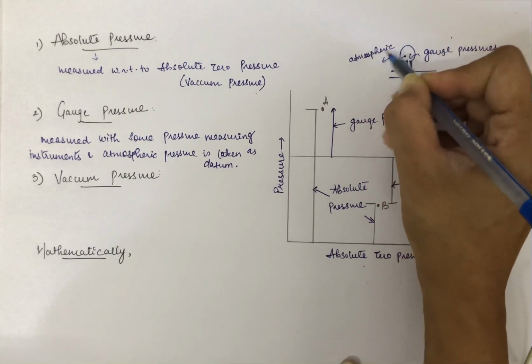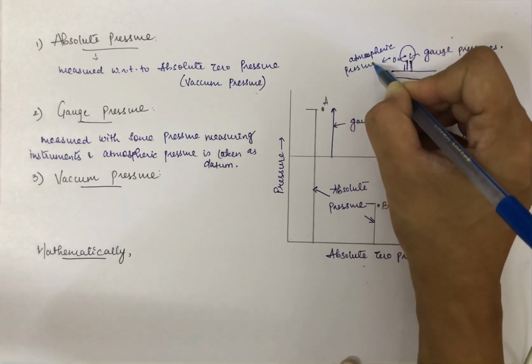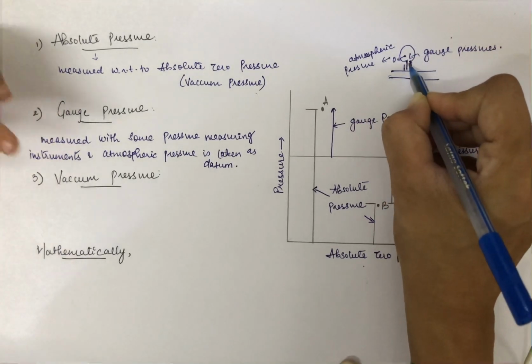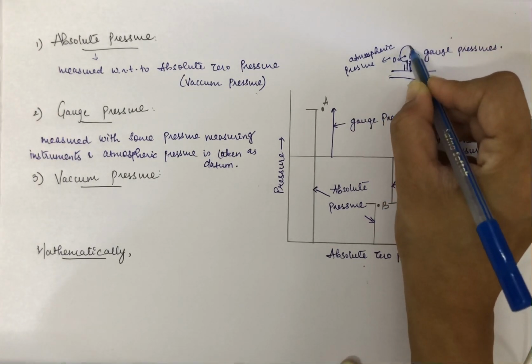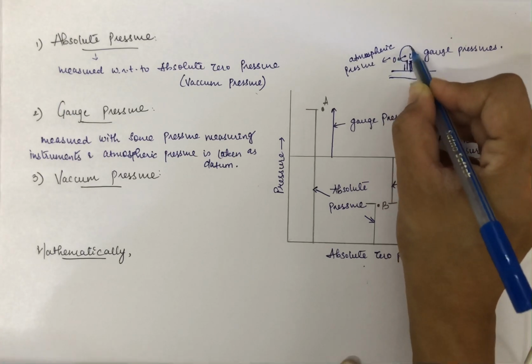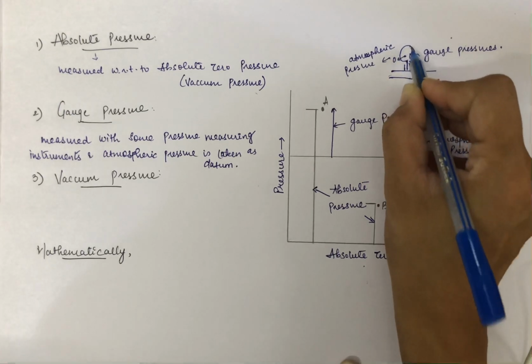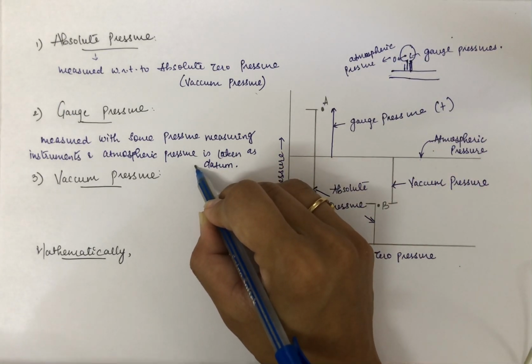If your fluid is moving in the pipe, it will measure a positive pressure, above the atmospheric pressure, and that pressure is known as gauge pressure.